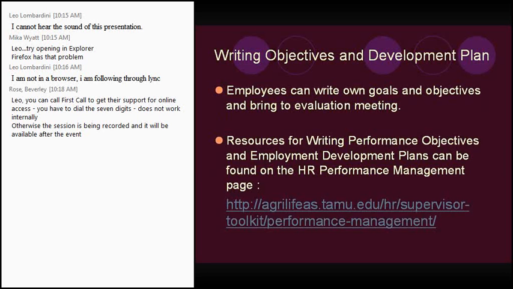And again, I'll show you how to do that. We have some good resources to help supervisors write performance objectives and development plans. On our website, again, it's in the Supervisor Toolkit under Performance Management, and I highly recommend y'all review that to get some extra help on that area.